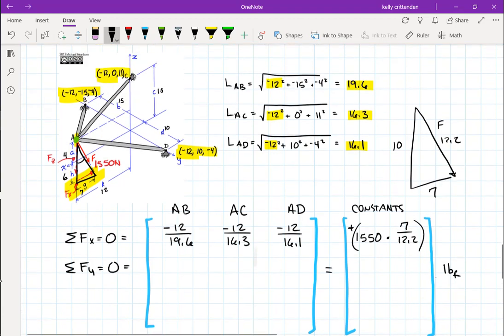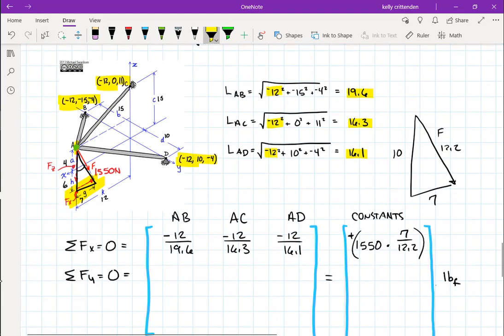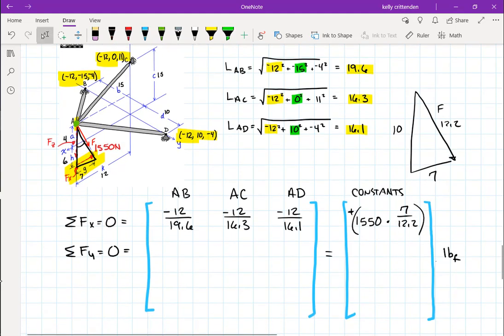And the only thing here is now, I don't really like to do this by just making patterns, but there's all the y's, and you have the same denominator here. So you would have negative 15 over 19.6, 0 over 16.3, and 10 over 16.1.